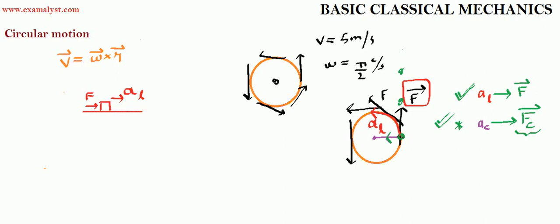It will never move in a circle, because this kind of force always creates straight line motion. The only reason the green particle is moving on the circumference of the circle is because there is a centripetal force that acts towards the center, which is always keeping it on the circumference. So this force is called the centripetal force.